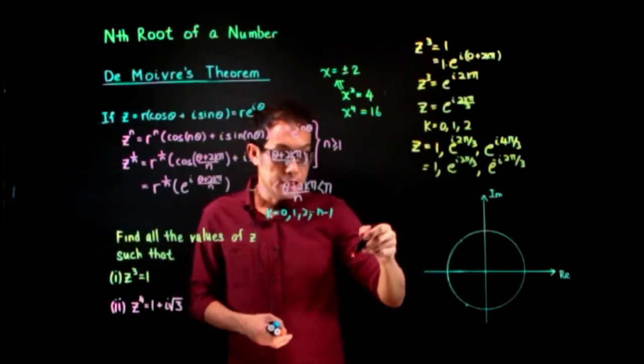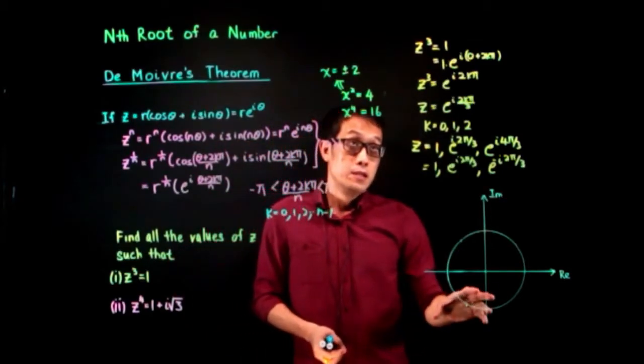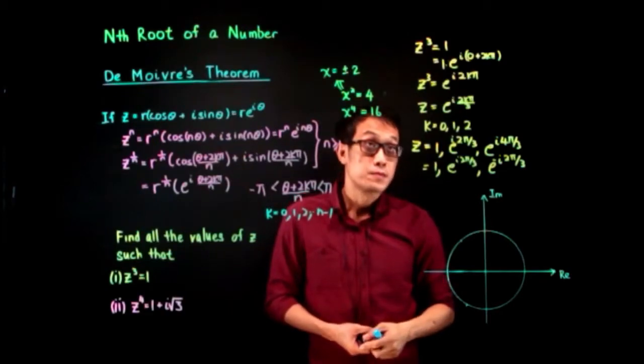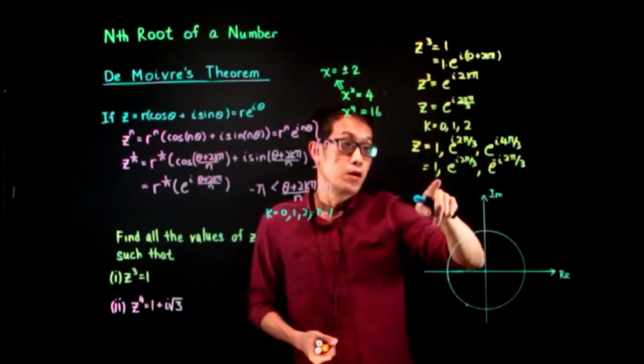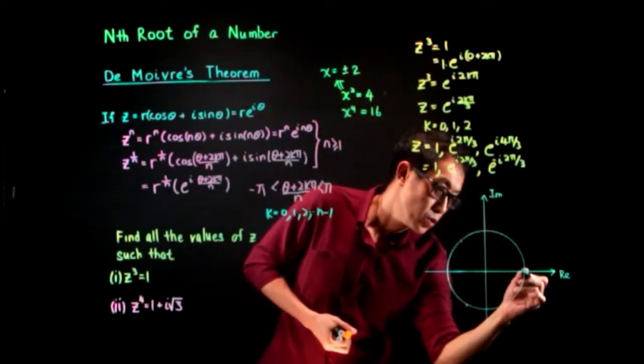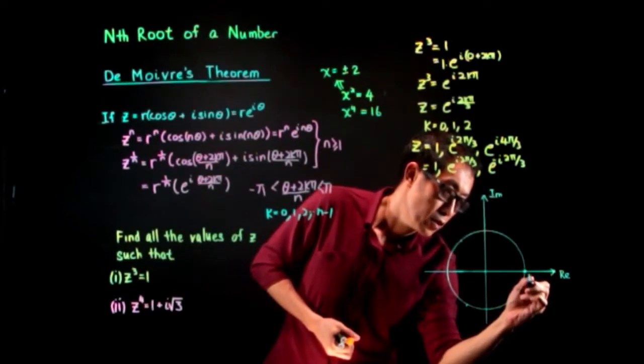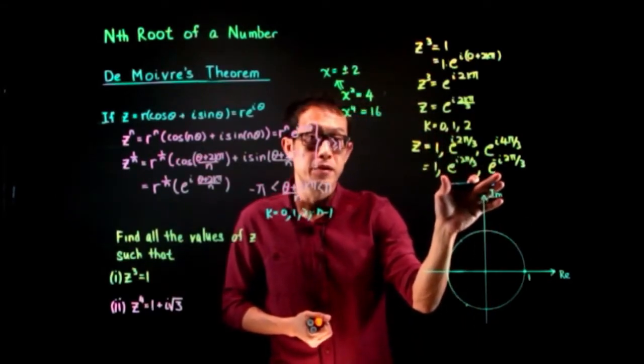Now let's represent this on the Argand diagram. You'll find that they have the modulus of 1. So this one will be represented by this. All of them will share the same modulus.